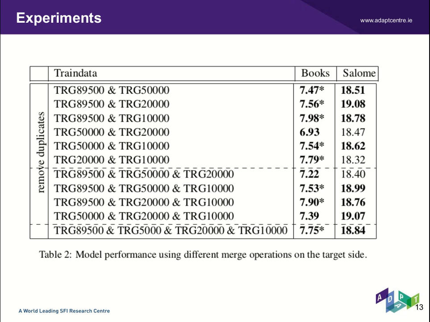So as we can see, most of the scores are higher than the baseline. And also note that concatenating more datasets does not always lead to better results. Sometimes, for example, by concatenating these two the result can be better than concatenating 4 datasets.